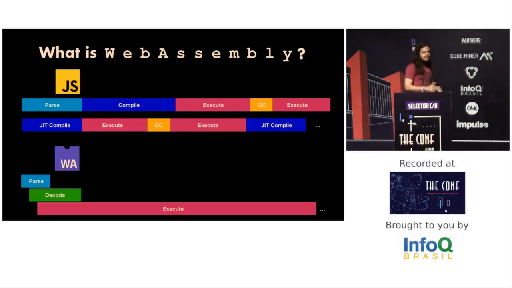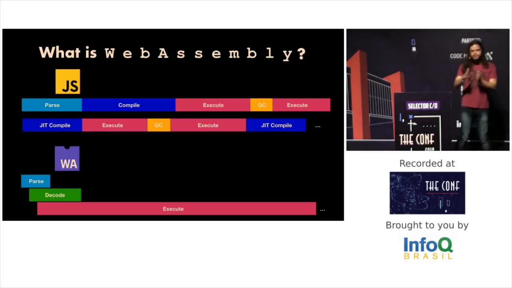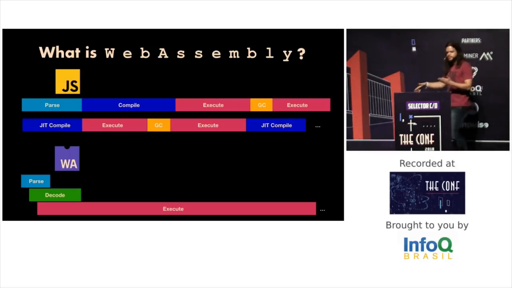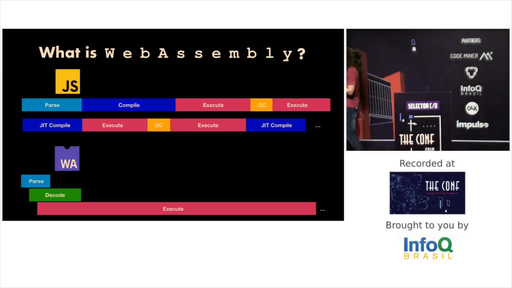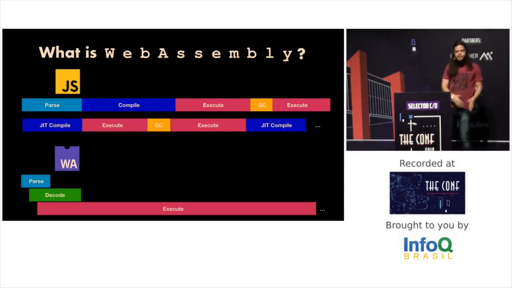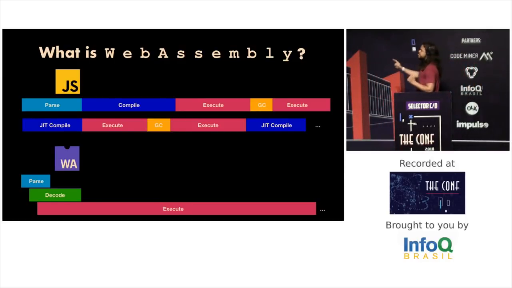So you just need to take every instruction and say, okay, these are the instructions for that WebAssembly instruction, and so on and so forth. And you can theoretically do all of that in parallel. So while you're still parsing, you can start decoding what's already parsed, and you can start executing what's already decoded, which is great. In practice, I think no browsers are actually doing parallel parse, decode, execute right now, but it should be coming to the next versions of Firefox and then probably to Chrome.